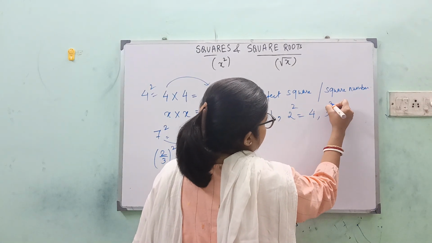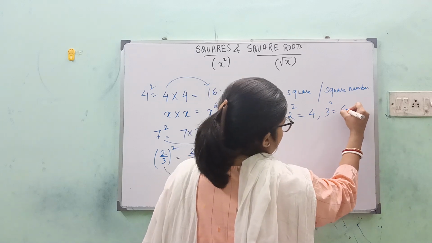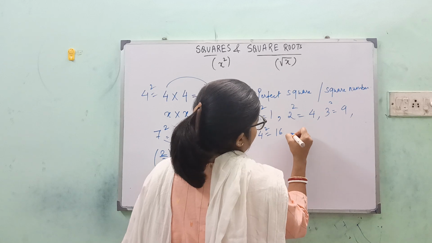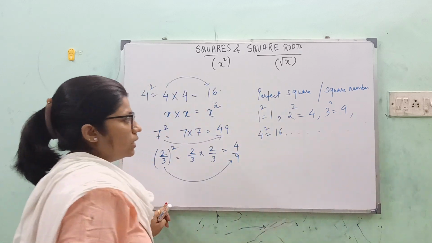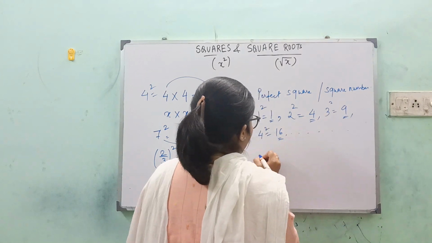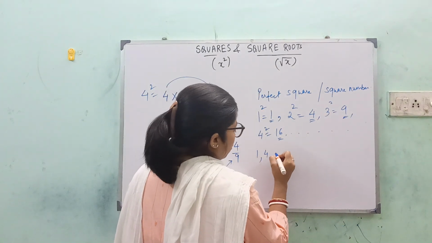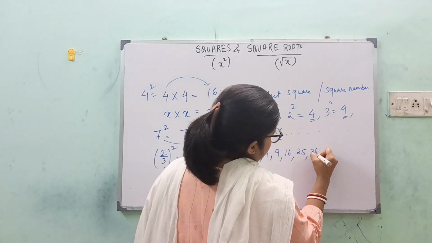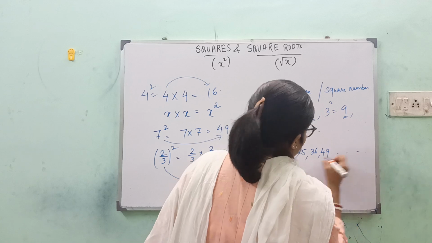Third natural number is 3 square, that is 9. So if you keep taking the squares of the natural numbers, the numbers that you obtain here are the square numbers, that is 1, 4, 9, 16, 25, 36, 49 and so on.